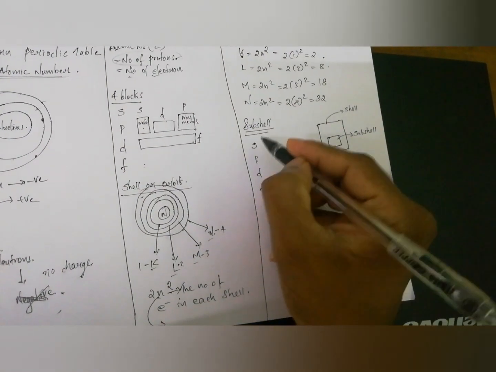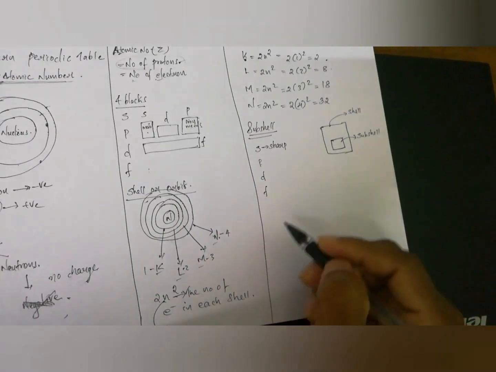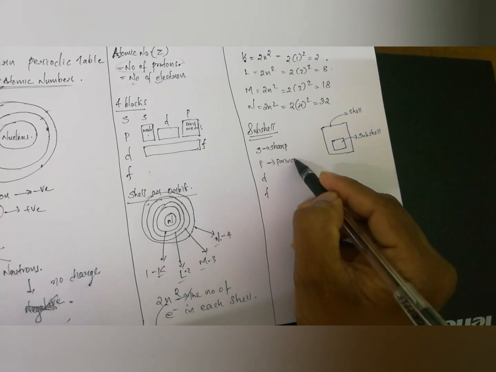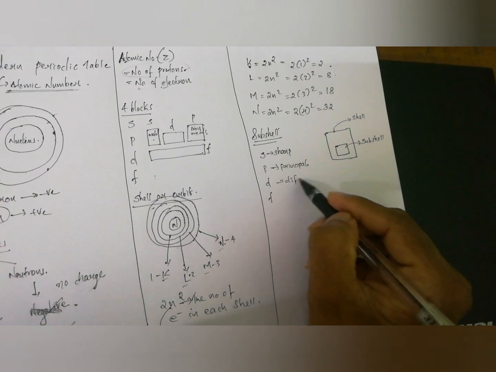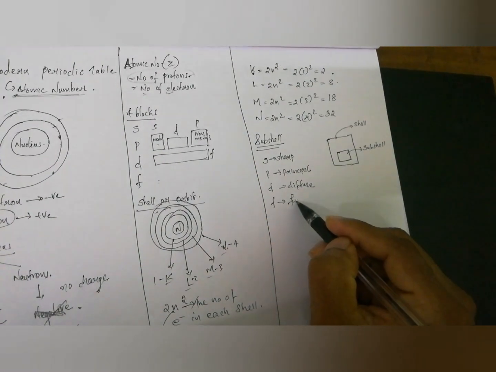S stands for sharp, P stands for principal, D stands for diffuse, and F stands for fundamental.